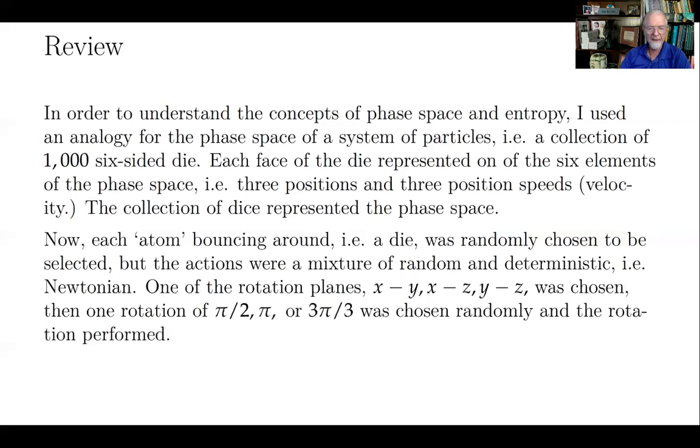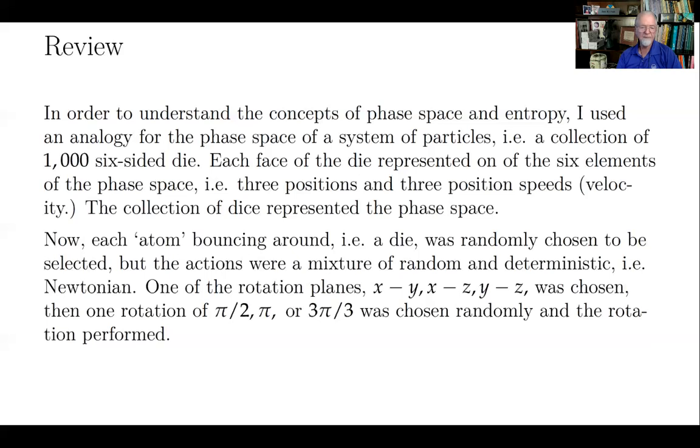And as each atom is bouncing around, a die, that is, our atom is a die, is an analog to an atom bouncing around in a gas, it was randomly chosen to be selected. And randomly means uniform probability.